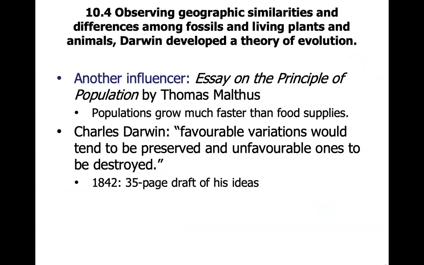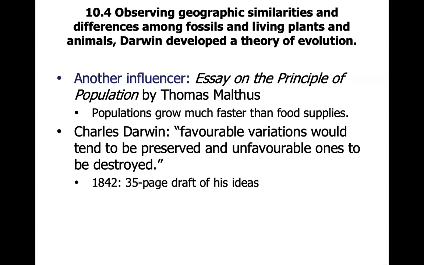So one more individual that influenced Charles Darwin and really got his wheels turning on this process of evolution was a man named Thomas Malthus. Now, Thomas Malthus was not a biologist. He was actually an economist, and he wrote several papers and books on population economics and how human populations change over time.